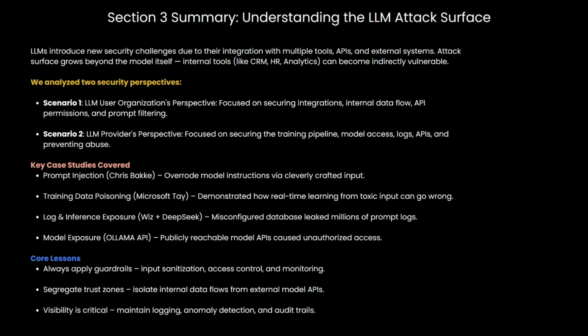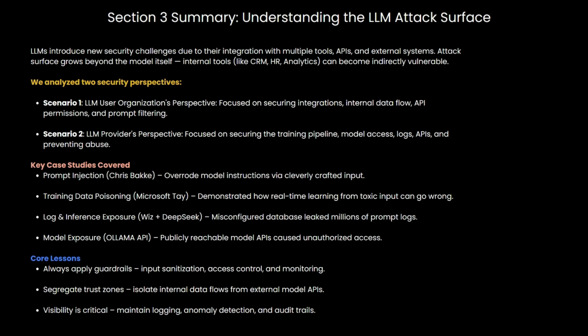To make this more tangible, we explored 4 real-world case studies. The Chris Bake's prompt injection, where cleverly Bake crafted an input to override the model's logic. Then we discussed Microsoft's Tay incident in training data poisoning. And then we discussed DeepSeek log exposure and the Ollama API exposure, where open unauthenticated APIs gave attackers direct access to model servers.